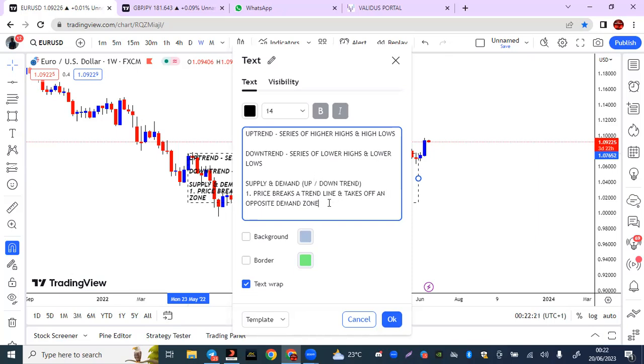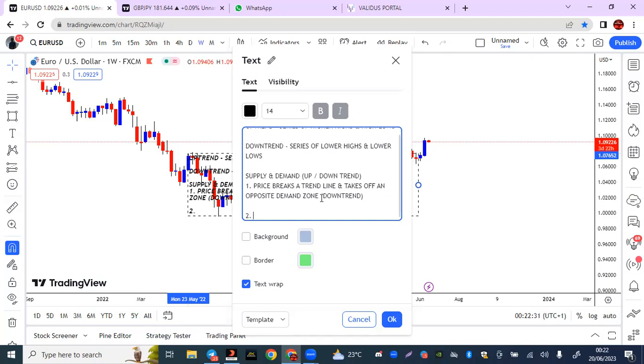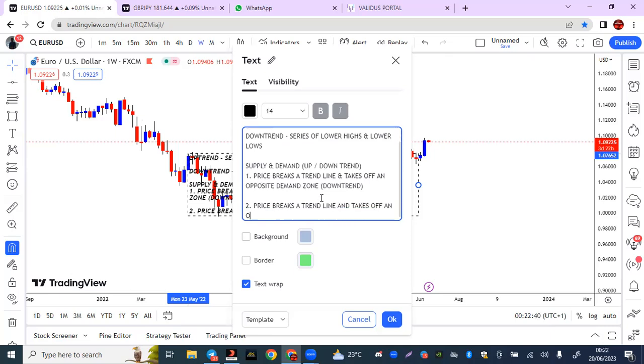Then we can say price is on a downtrend. For the opposite, the uptrend, price breaks a trend line and takes off an opposite supply zone. So we can say that that particular price is on an uptrend.